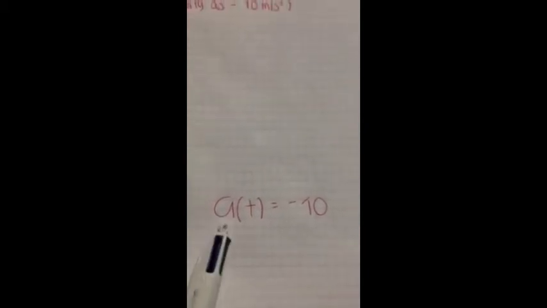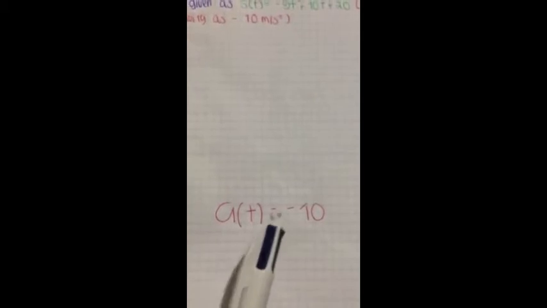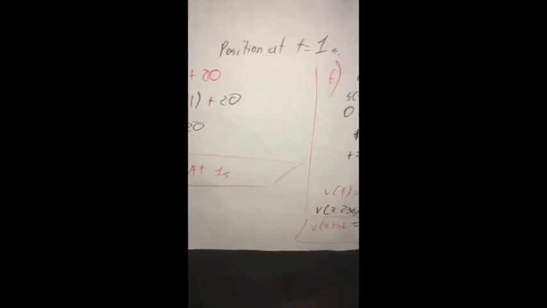The derivative of the velocity function is the acceleration function, and the acceleration is the slope of the velocity function at time t. So this is the function that I was explaining: acceleration a(t) equals -10. Now we're going to calculate the position after 1 second.